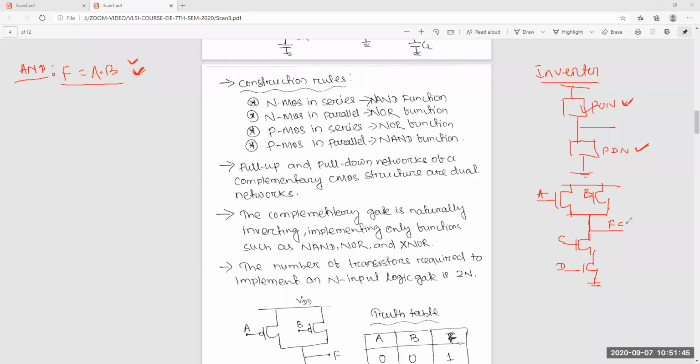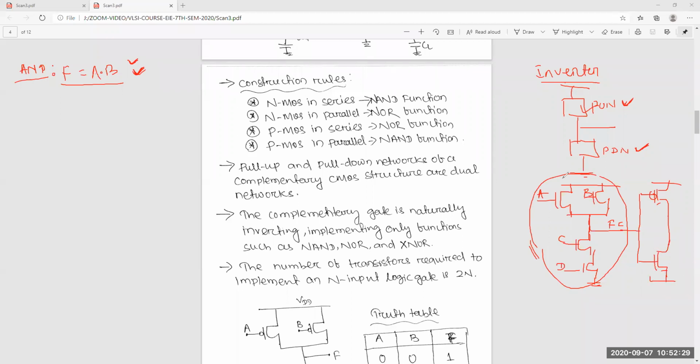So this is the circuit of an inverter. No, sir, for AND gate. After that F, we insert an inverter in that circuit. First one is the PMOS, then the NMOS in series. Here it is correct. Yes, sir.